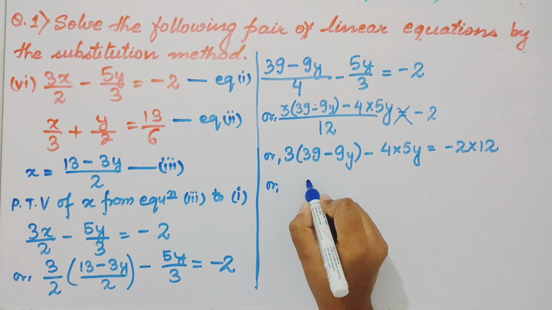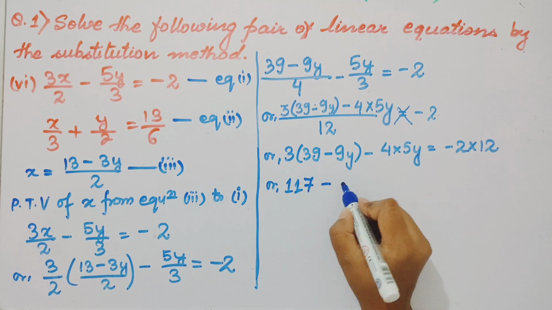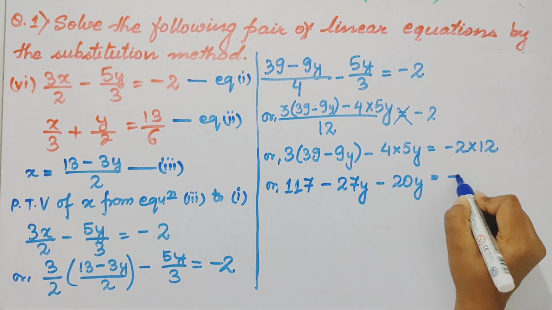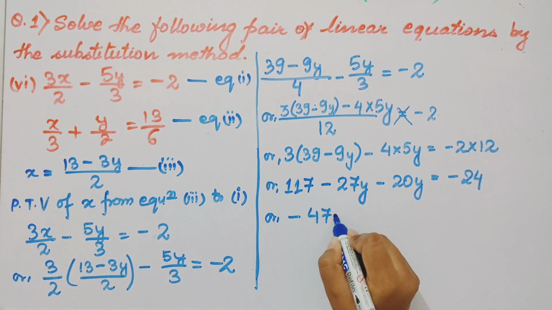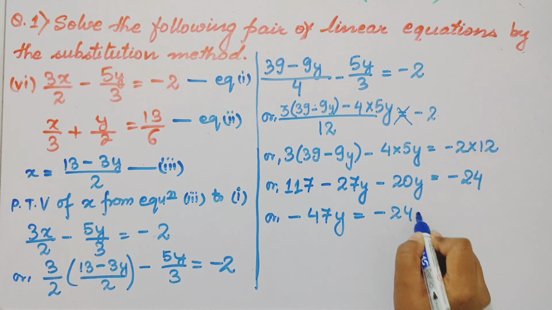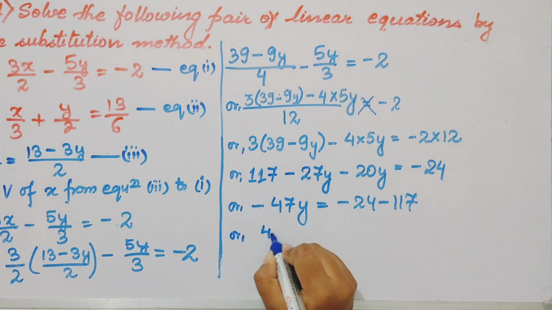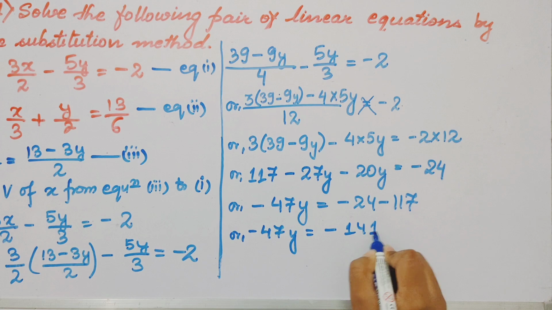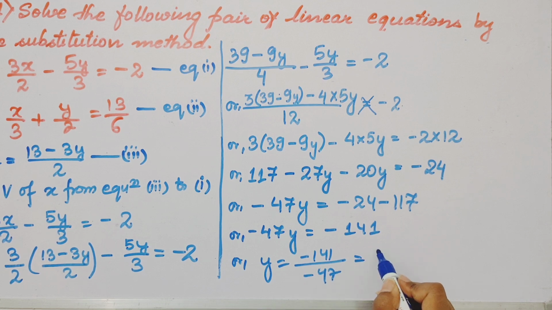Now this is 3 into 9 is 27 and 3 into 3 is 9, plus 2, 11, minus 3 into 9 is 27y, minus 4 into 5 is 20y equals minus 24, or minus 47y equals minus 24 minus 117, minus 117 moved to the right hand side, or 47y equals minus 141, or y equals minus 141 by minus 47, which is 3.